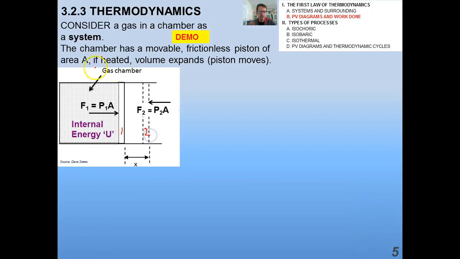So again, it's an isolated system in terms of no mass is able to get in or out. The volume expands by heating it. All right, the piston moves through this distance x.